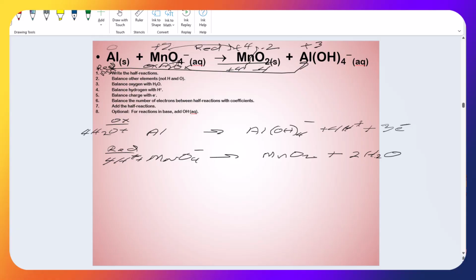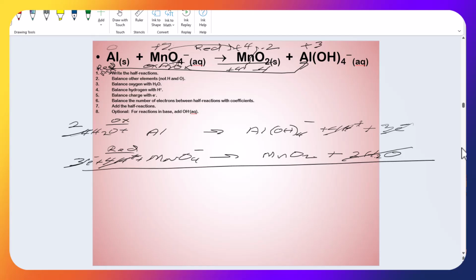There's no charge on the product side. And once again, 3 electrons gets it done. Now that I've balanced mass and charge, I can cancel the electrons. And I can also cancel these 4 protons, but this is going to be interesting. I've got 4 waters over here. I can get rid of 2 of them and knock this down to 2 waters.